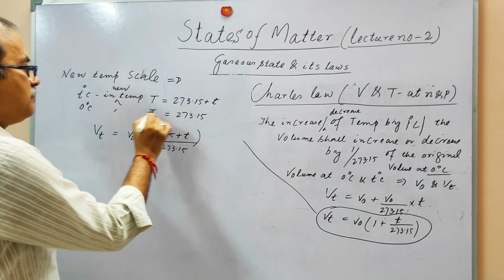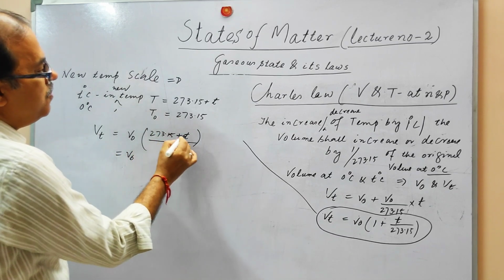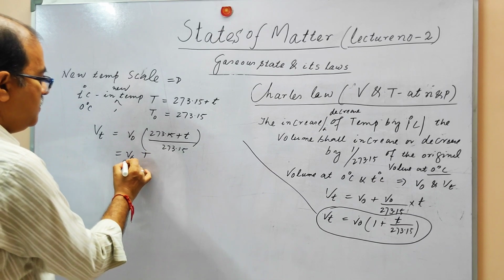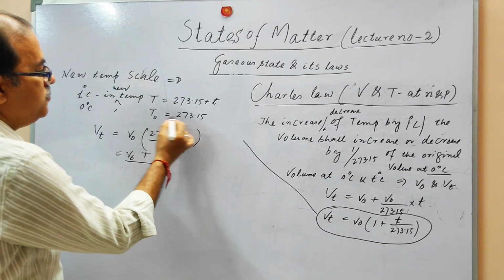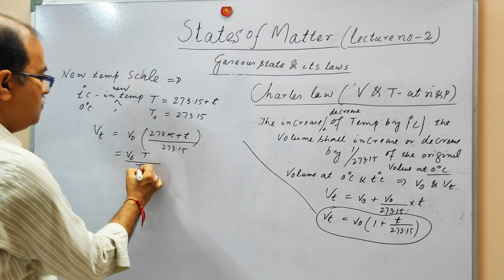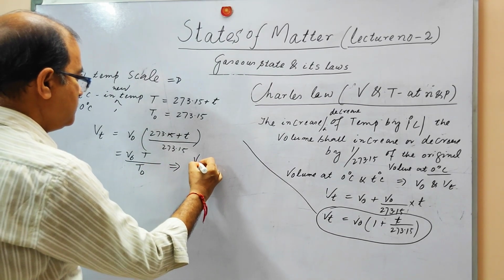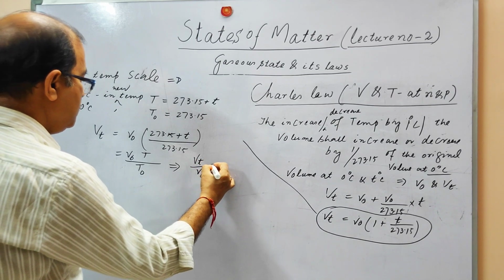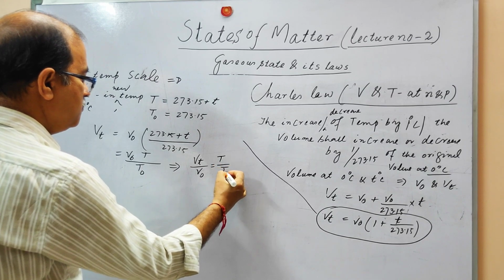Now you see, 273.15 plus t is equal to capital T, and 273.15 is T0. So we get this relationship, Vt by V0 is equal to T by T0.